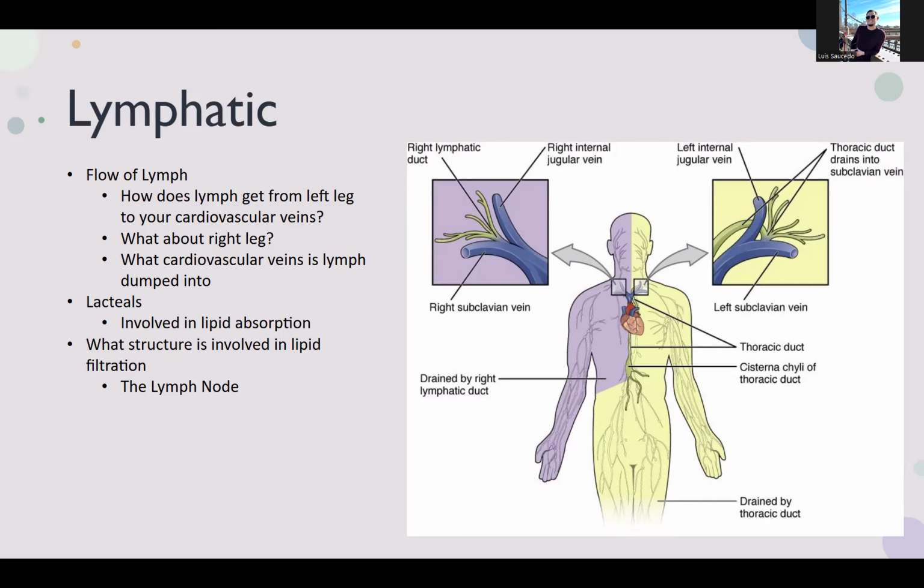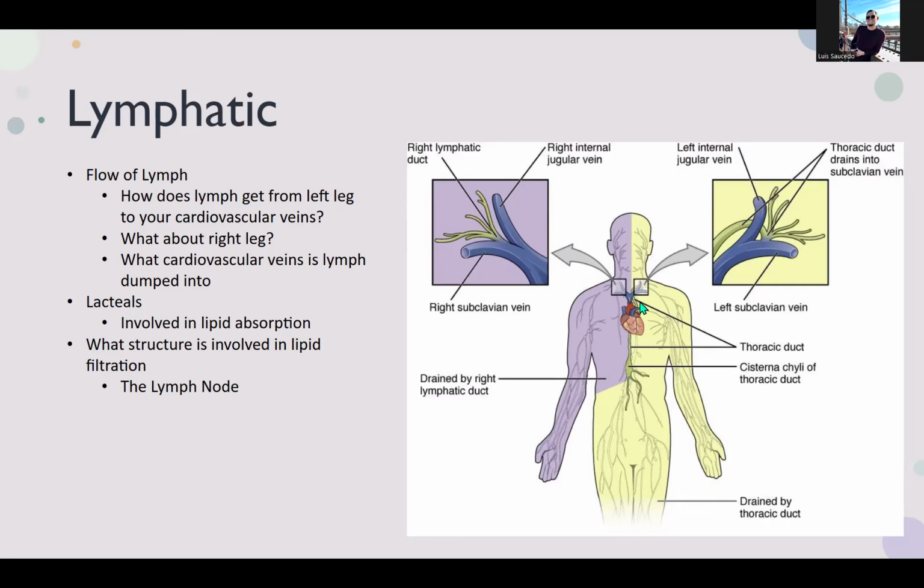The biggest thing to remember for lymph when we talk about the exam, Dr. Curley brought this up yesterday, is understanding the flow of lymph, basically understanding that the lymph is divided into two sections. You'll have your right lymphatic duct, which primarily is involved with the right arm, upper torso, abdomen area, and then the right side of the head.